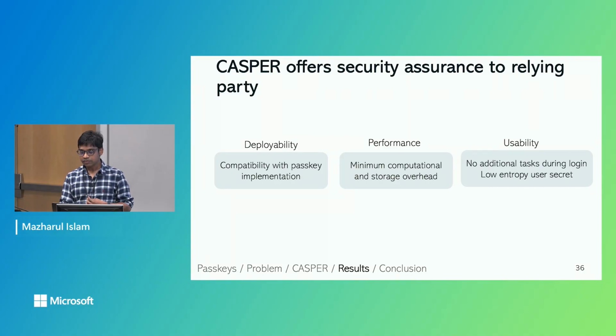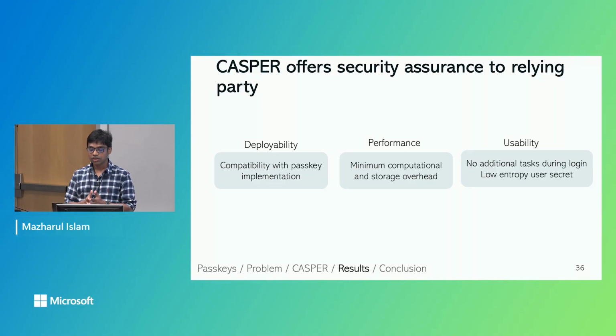And one of the main crucial benefits of CASPER is that it offers an extra layer of security to users' accounts while being deployable, because it is compatible with the existing passkey implementation. It does not have much performance and storage overhead for the relying party.